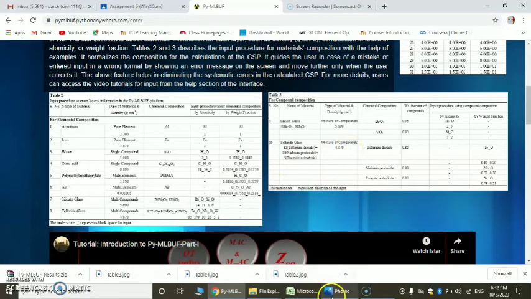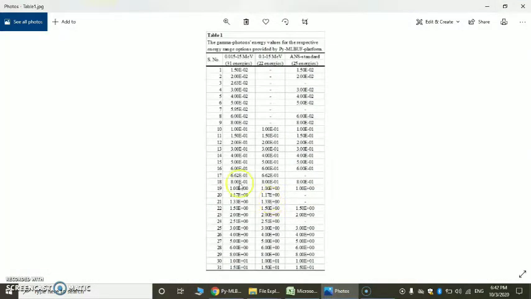So I have magnified images of that. Table 1 has the gamma photon energy values for this platform. Here we have some energies from the range of 0.015 to 15 MeV.